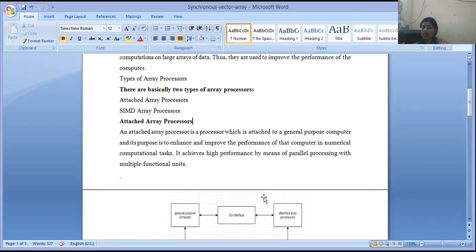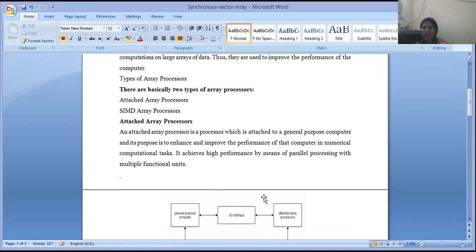Its main purpose is to enhance the performance of the computer in finding out numerical computational tasks.